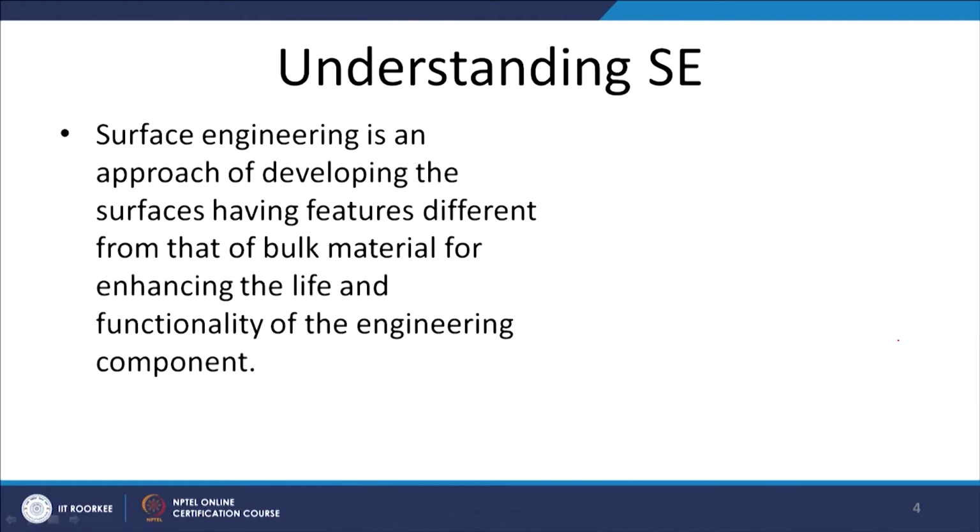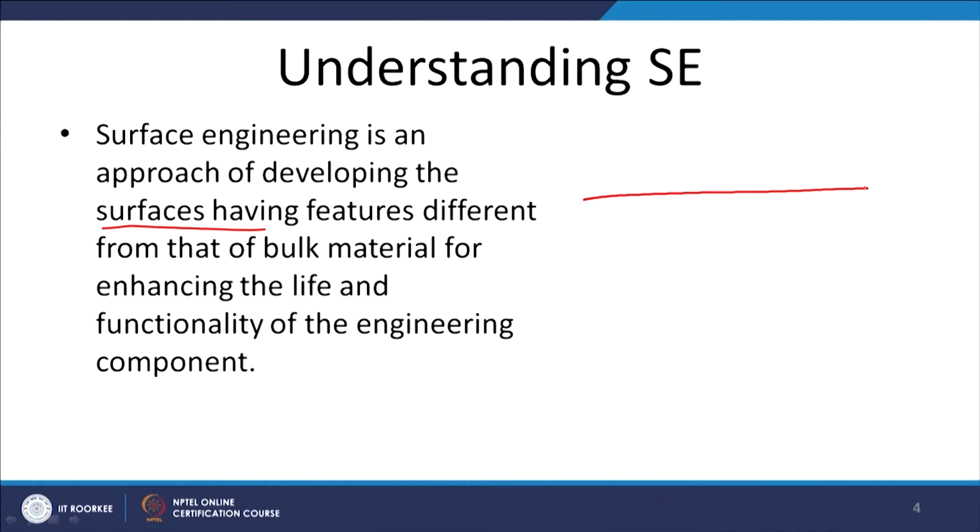Now, we will look at surface engineering in a different way to see how it works. Surface engineering is an approach which involves a number of aspects of developing surfaces having features different from the bulk material, for enhancing the life and functionality of the engineering component.